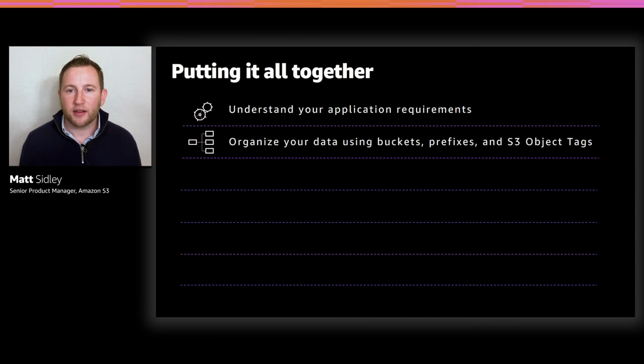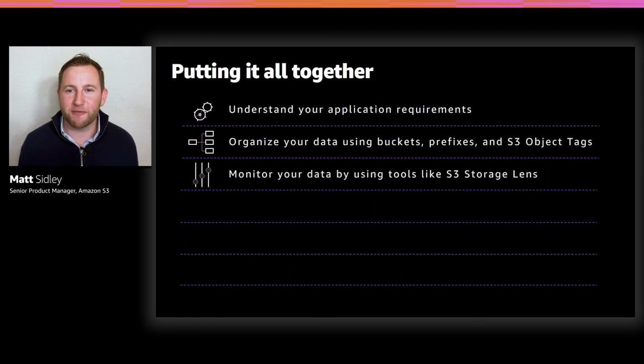Second, you should organize your data using buckets, prefixes, and S3 object tags, as they map to S3 features like storage class analysis and S3 lifecycle, and we highly recommend you organize your data from day one. Third, monitor your data using tools like S3 Storage Lens to help you understand your data, which can help you optimize for both performance and cost.